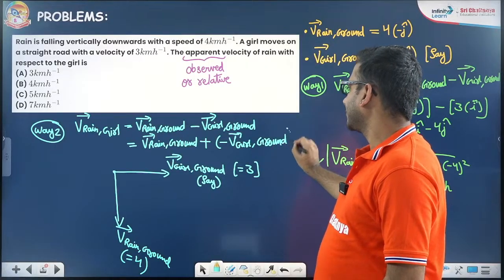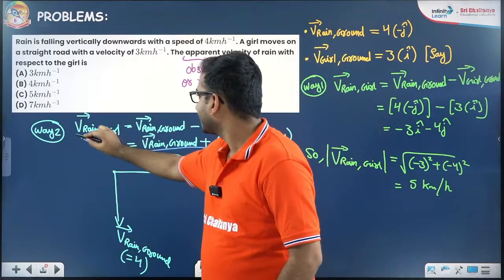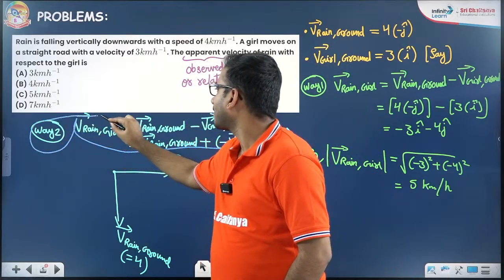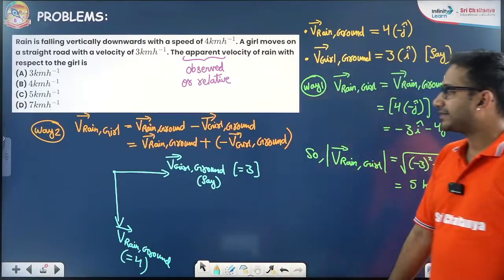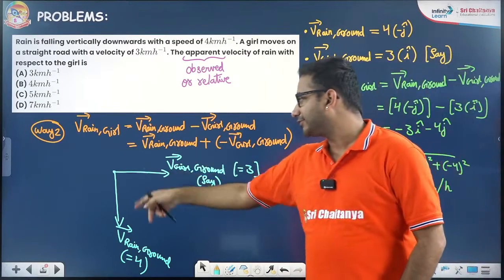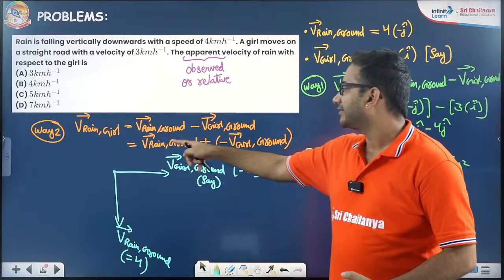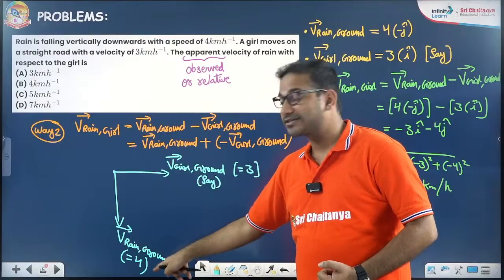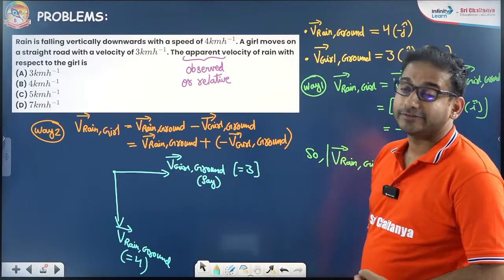So basically, you have represented the two vectors and you have to add them. But which two vectors? One vector is velocity of rain with respect to ground. That's already in front of you. Another vector is minus of velocity of girl with respect to ground.